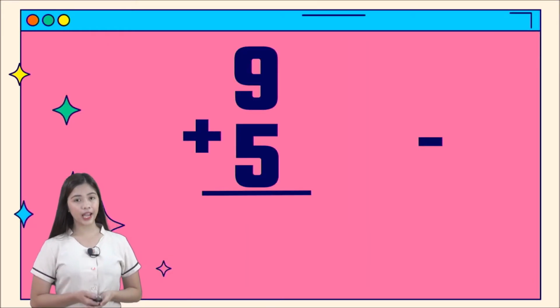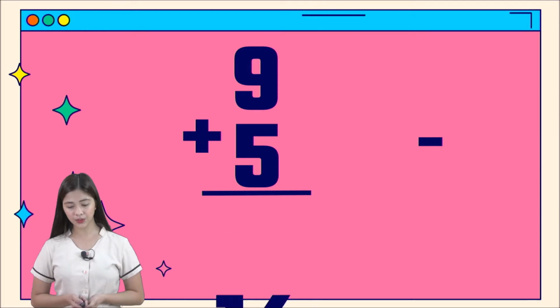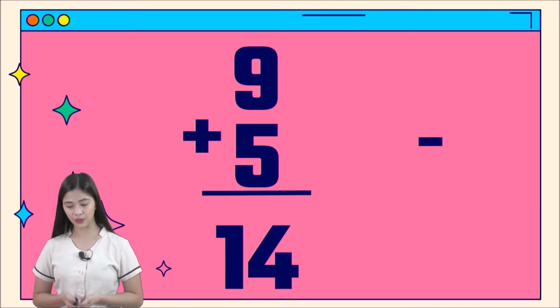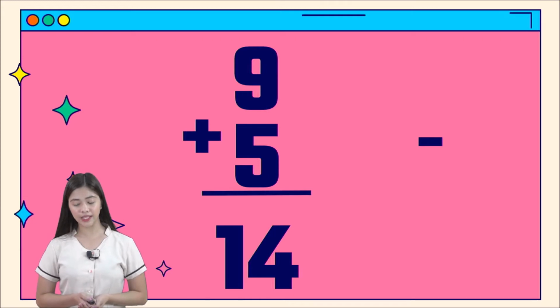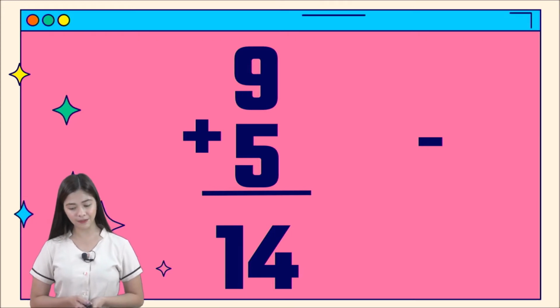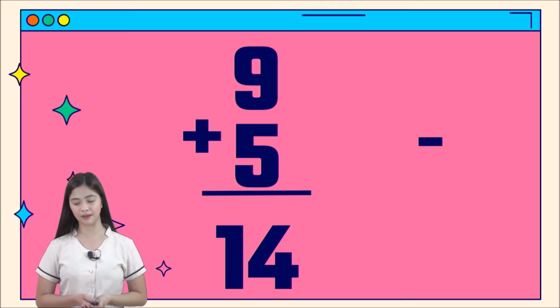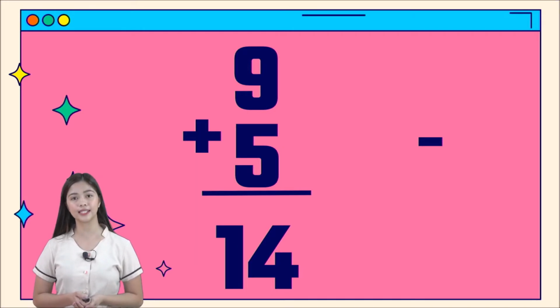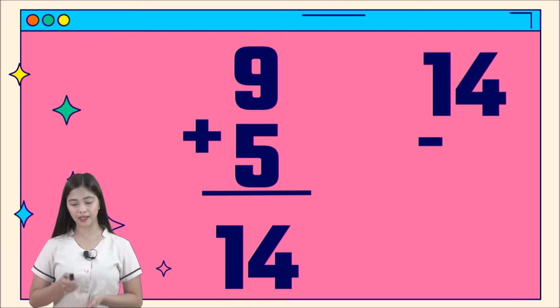We have 9 plus 5 is equal to 14. So like what I've told you a while ago, the addends can either be the difference or the subtrahend in the subtraction mathematical equation. So in here, we have 14 as the sum. So 14 will become the minuend in our subtraction equation.